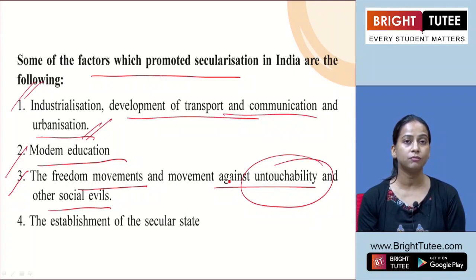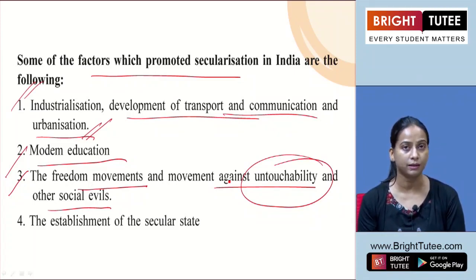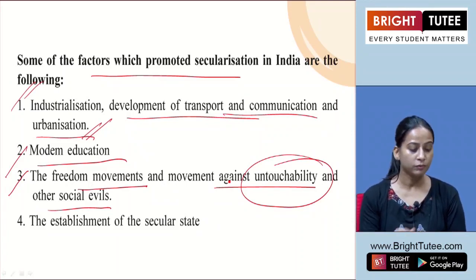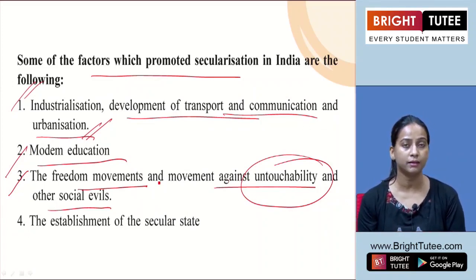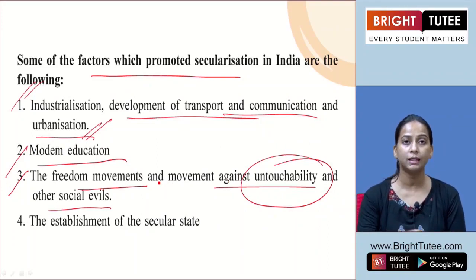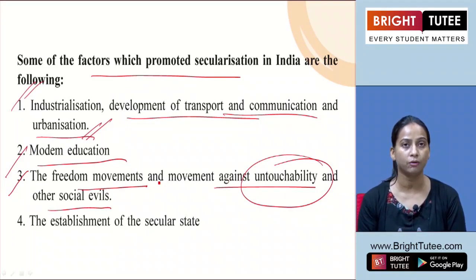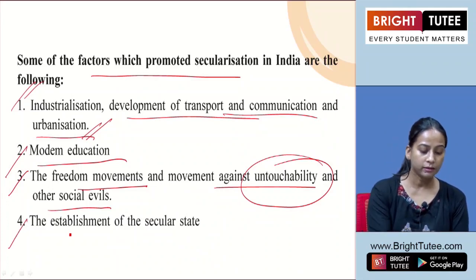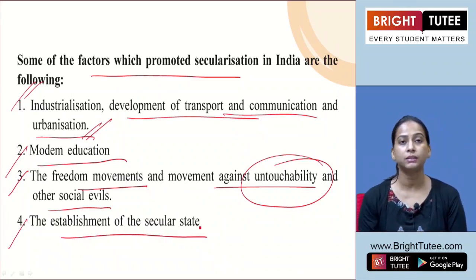These were the evils which were creating differences among the people in our society, which were not leading them towards equality or freedom. So when the movements started against these social evils, it led them towards secularization.